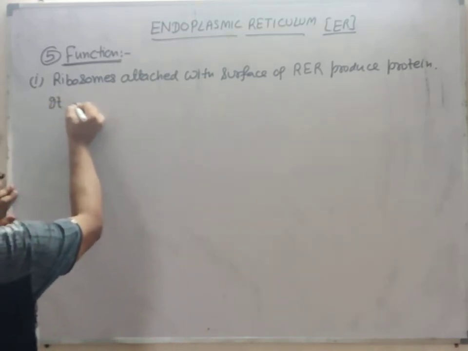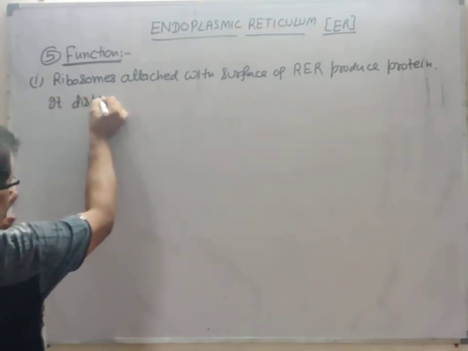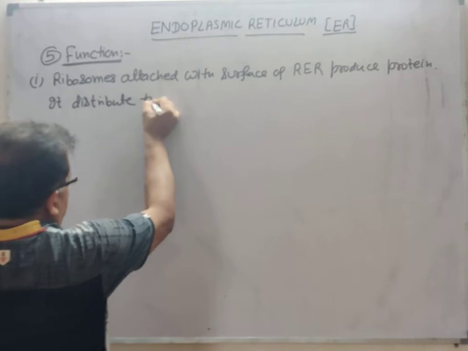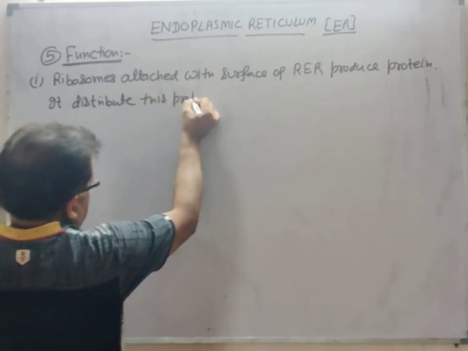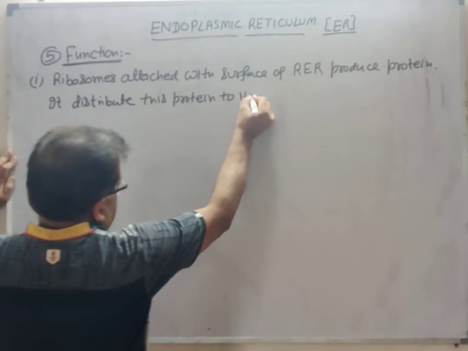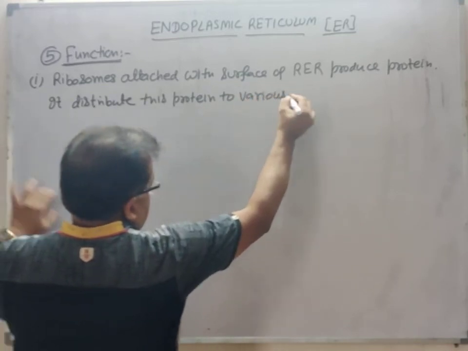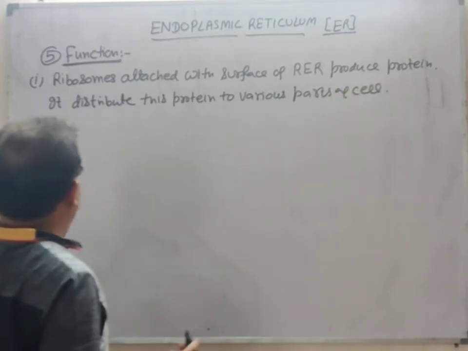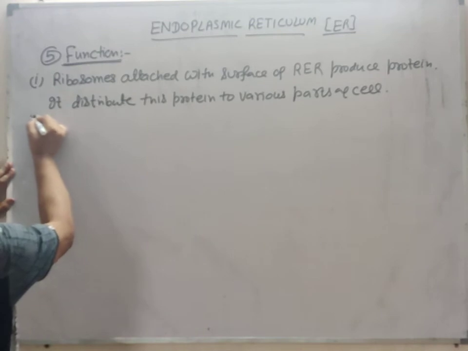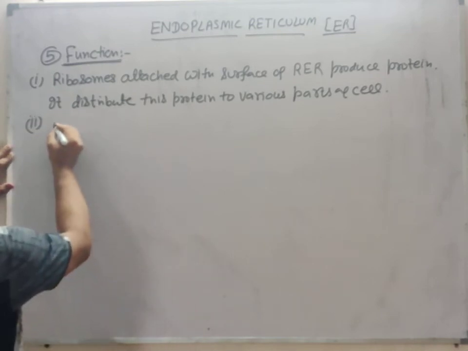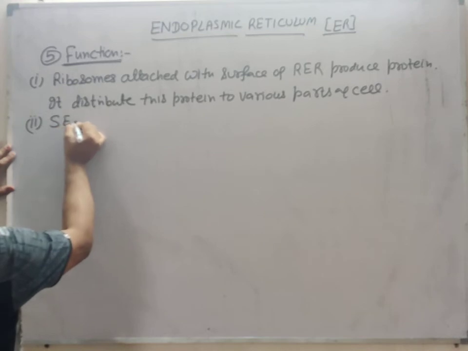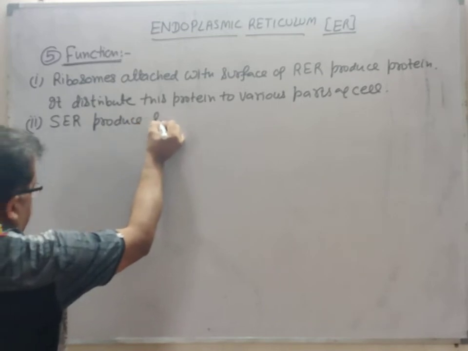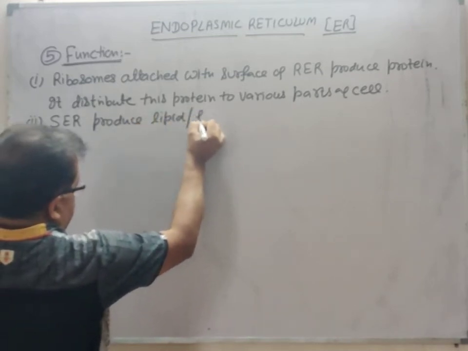It distributes this protein to various parts of the cell. That is, it sends them where they are required. Second, smooth endoplasmic reticulum produces lipid or fat.